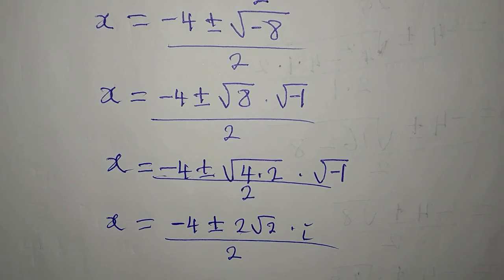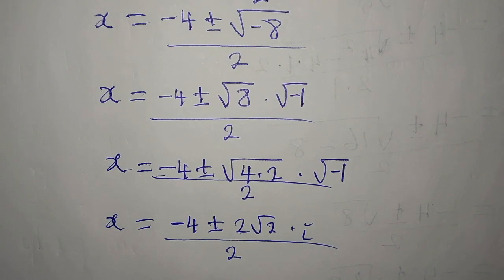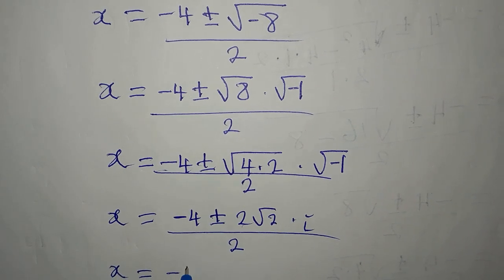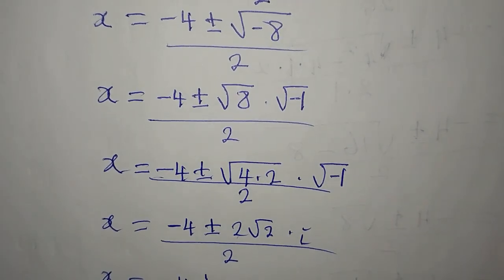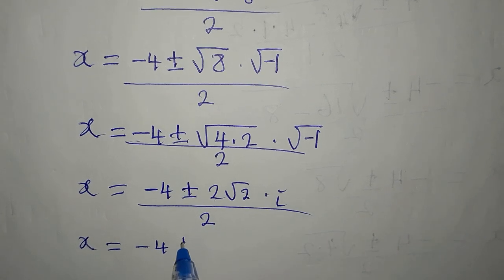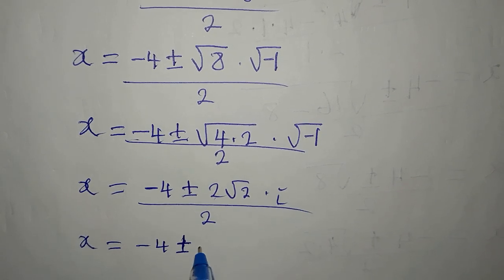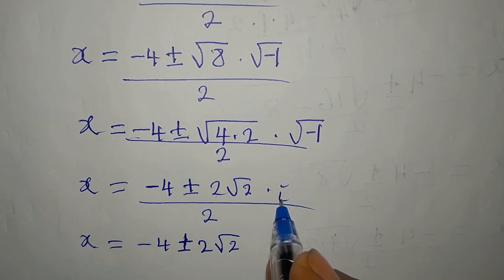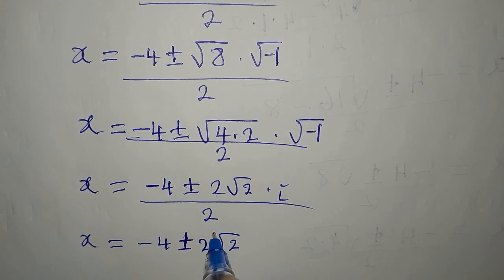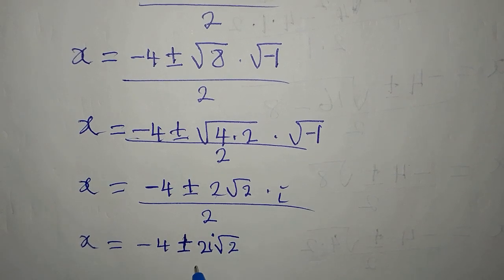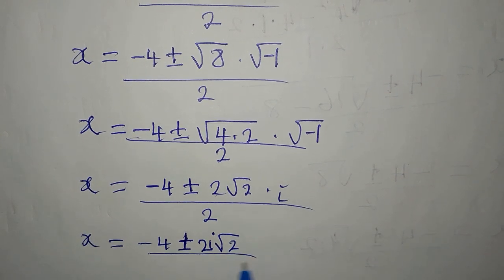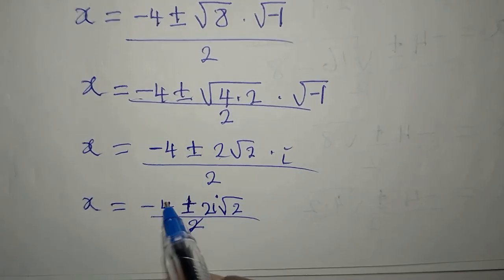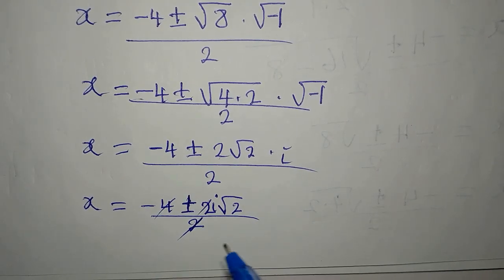Now to continue, let's rearrange. x is equal to minus 4 plus or minus 2 root 2. In fact, this i I can multiply to give us 2i root 2, then we divide this by 2. The 2 is going there, and the same 2 is going into 2.